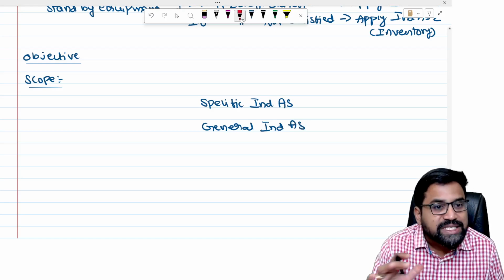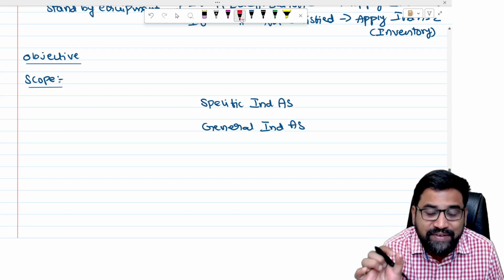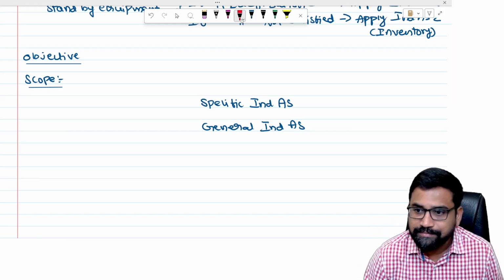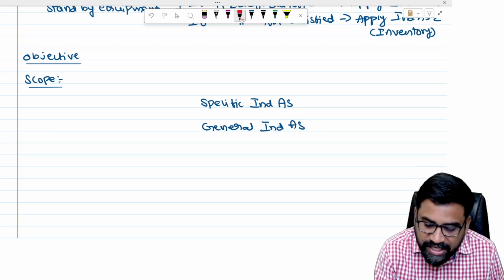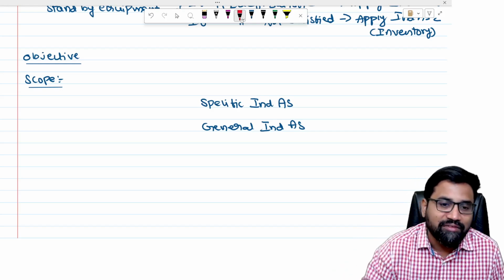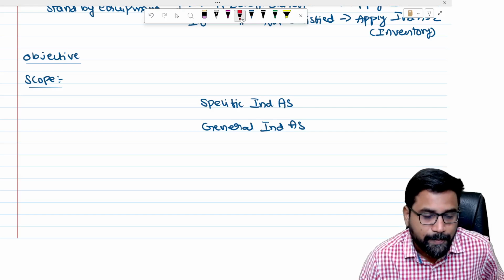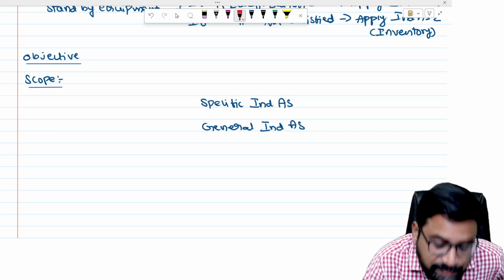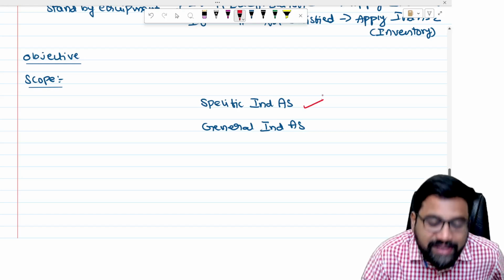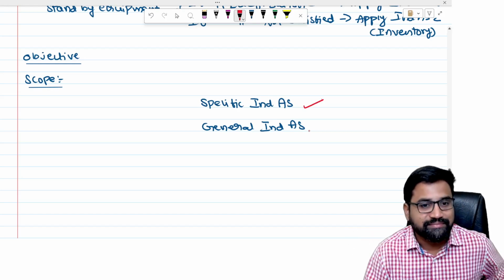Specific IND AS means specifically covering that particular area. General IND AS means generally it will cover all aspects relating to that area. So when there is a specific IND AS, always give preference to specific over general.